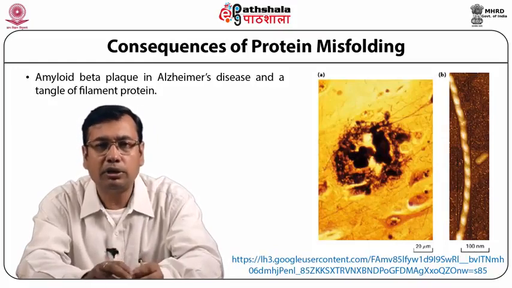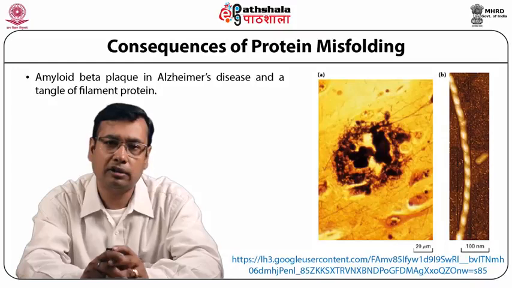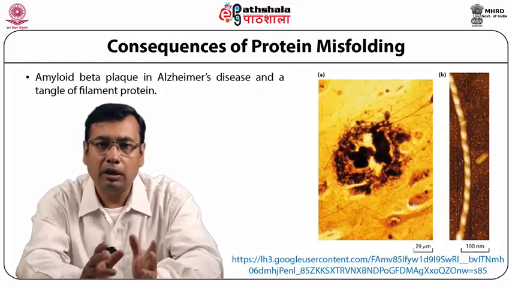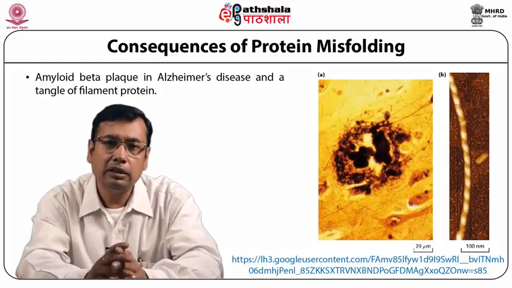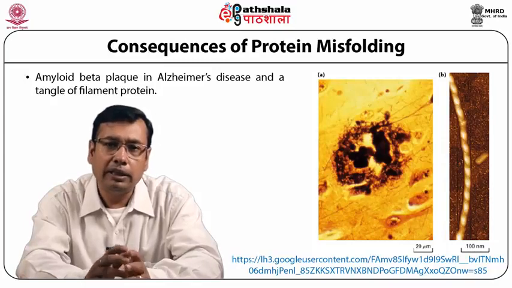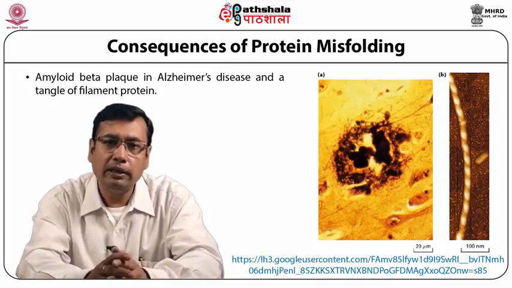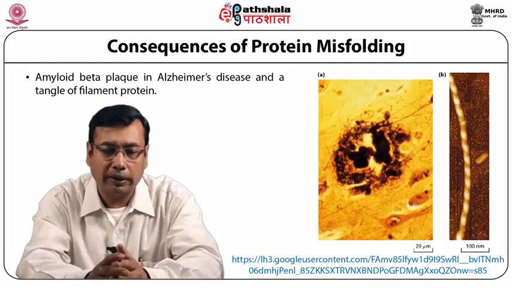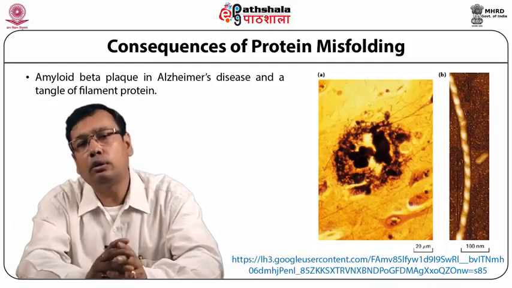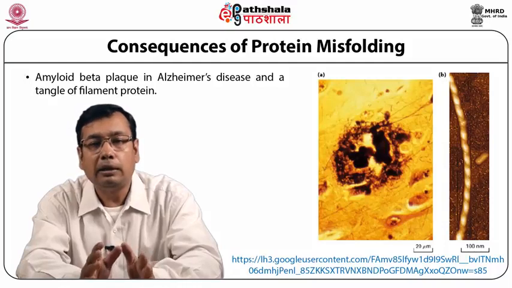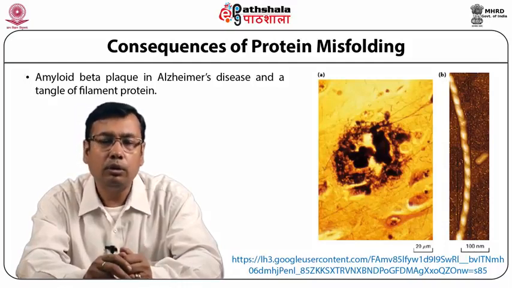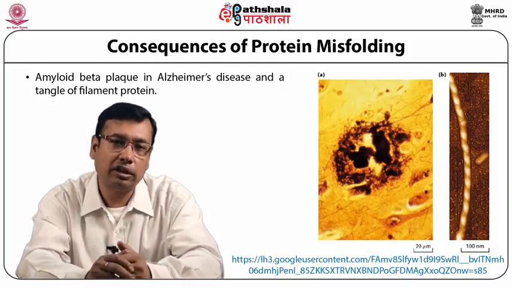But due to some signal change or oxidative stress or any environmental insults, this monomer form becomes an oligomer, and finally this oligomeric pattern of protein is converted into fibril, and ultimately the signal between the two synapses is restricted.